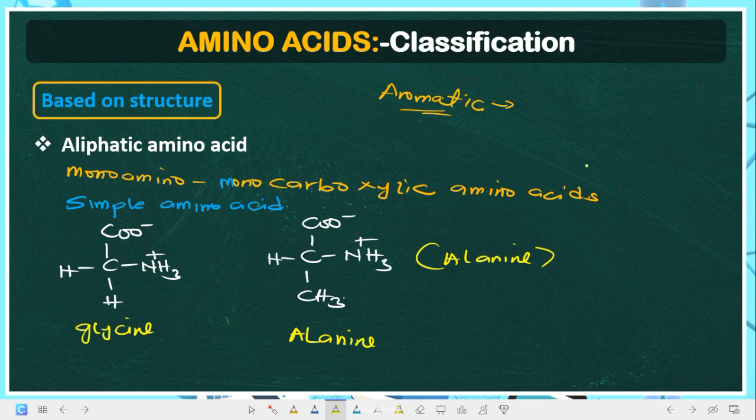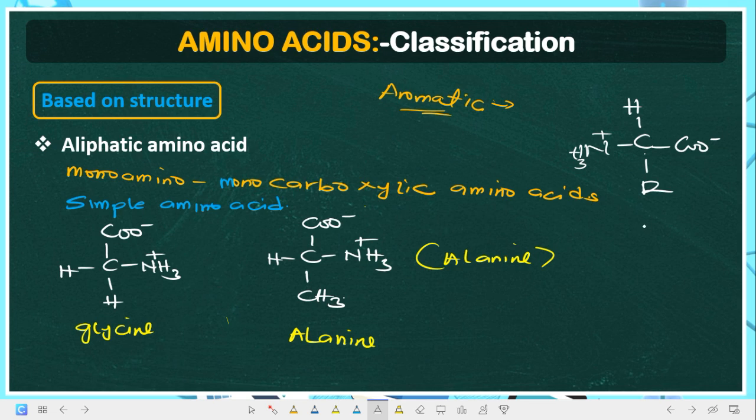For instance, you may see it drawn like this: hydrogen, and then C, and then NH3 positive, and then COO minus, and then H. Or we can put COO minus here, NH3 plus, and the arrow, which is the side chain. So whichever way it is, it's actually correct.